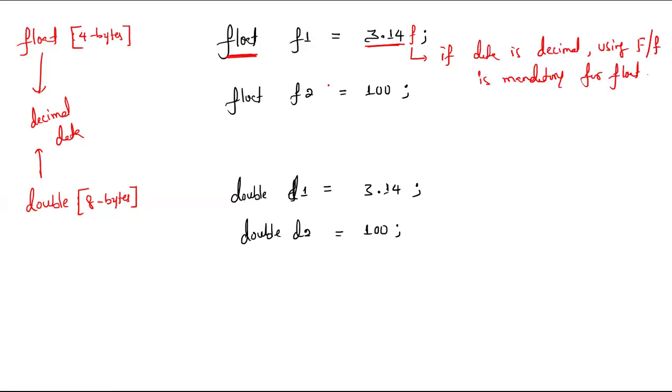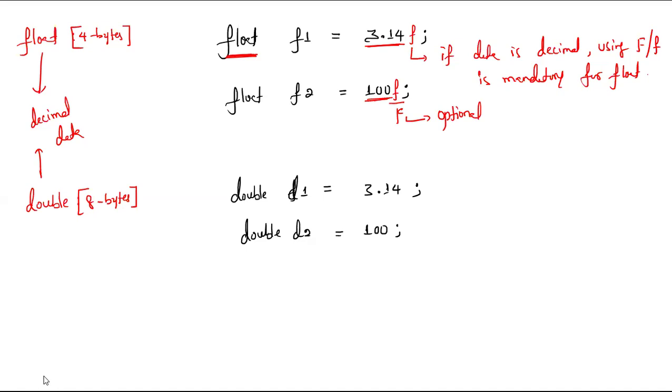But in the second scenario, is the data decimal or non-decimal? Non-decimal. So here, using F capital or F small is optional. I know you may have one more doubt when it comes to double.